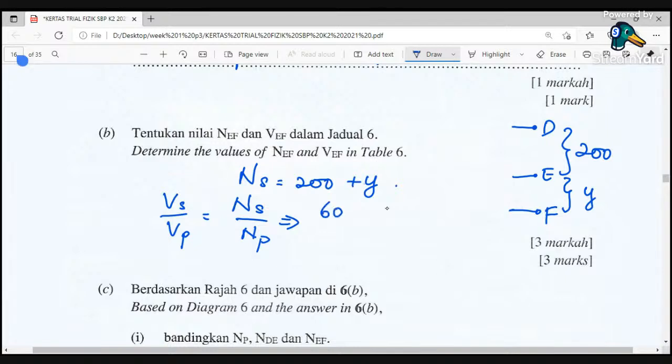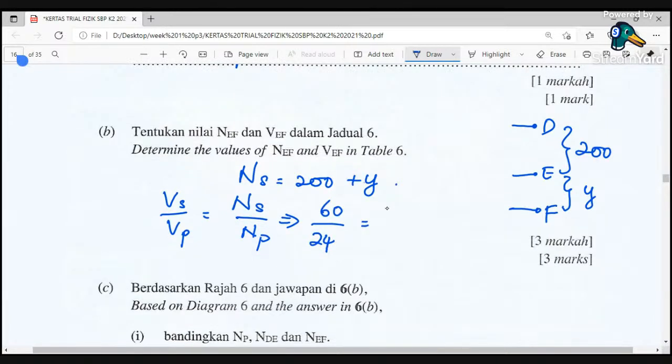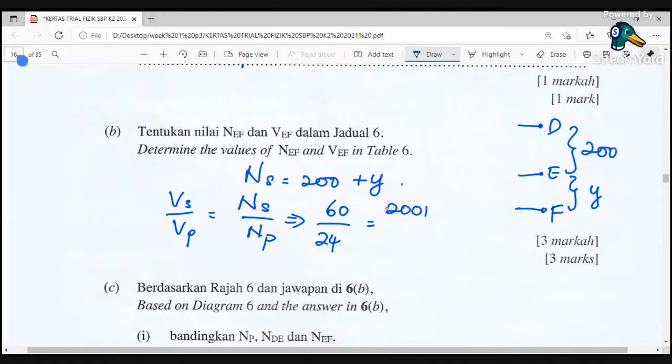Vs 60, Vp 240, Ns 200 plus Y, and then the Np is 1000.